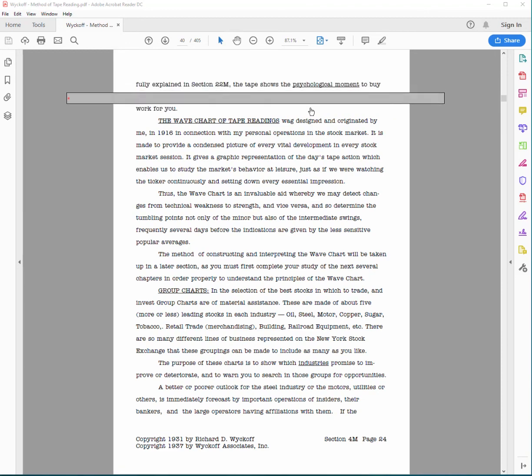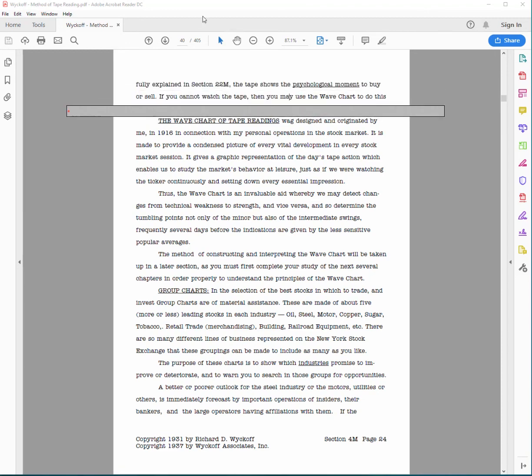No, he's talking about a psychological moment to buy or sell, which I interpret as an internal signal that the trader feels as a consequence of following an analytical process. A psychological moment is an internal signal the trader feels that is the result of his judgment.